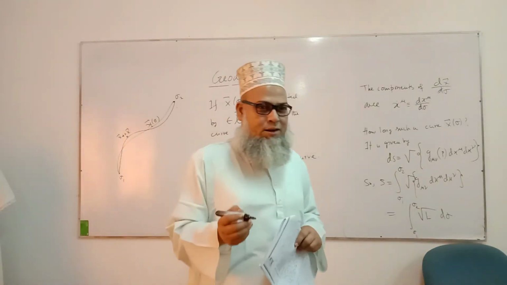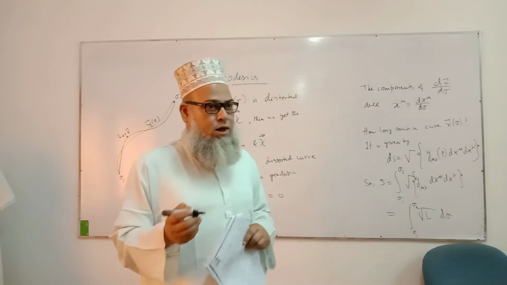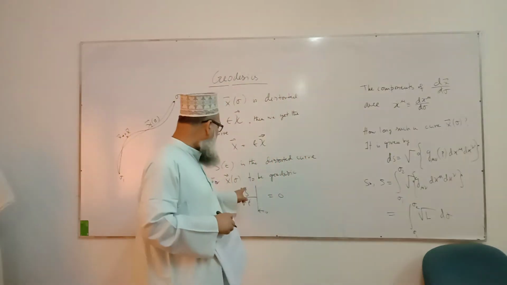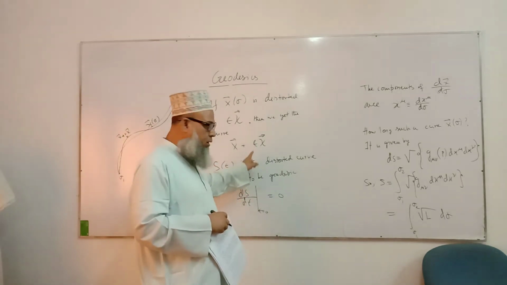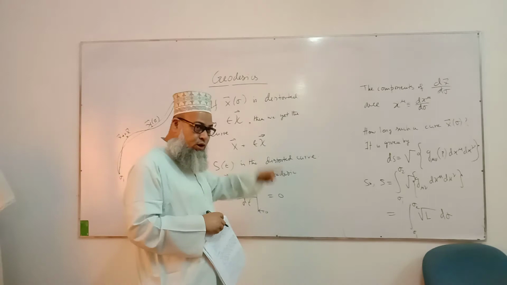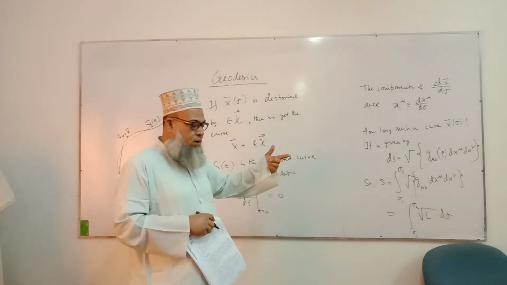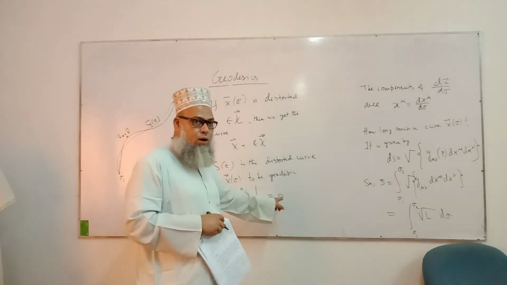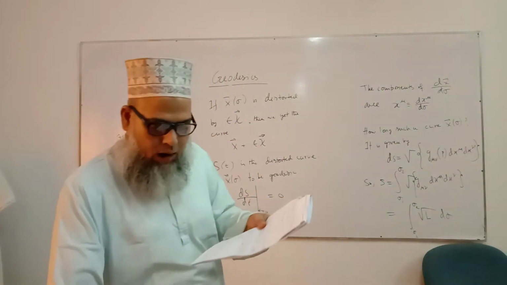It is the requirement of the variational principle. If you differentiate S with respect to the variation, and after differentiation take epsilon equals 0, then it should be equal to 0. Now we shall do the mechanics. How will we do that?